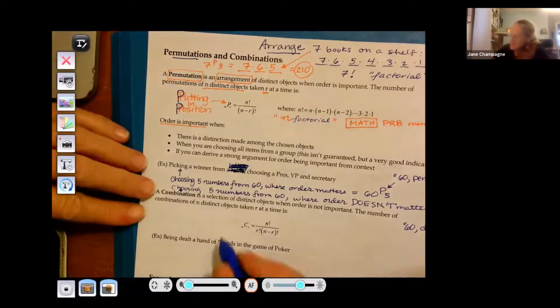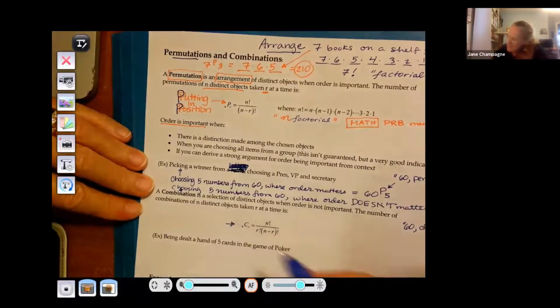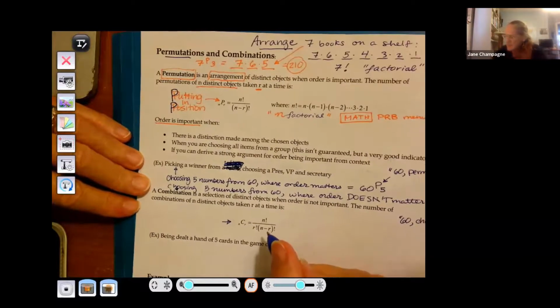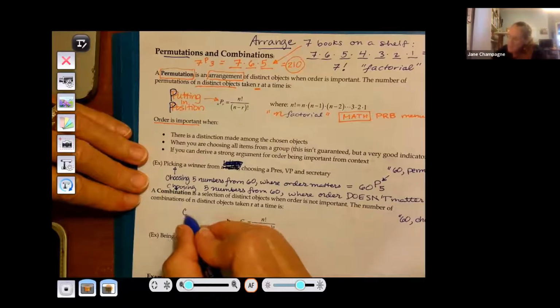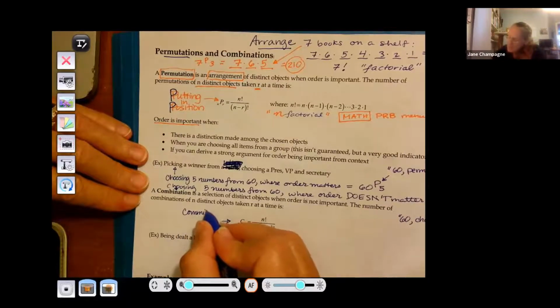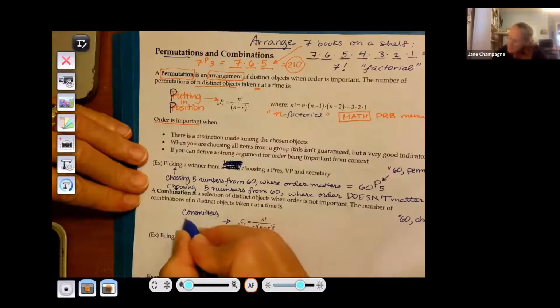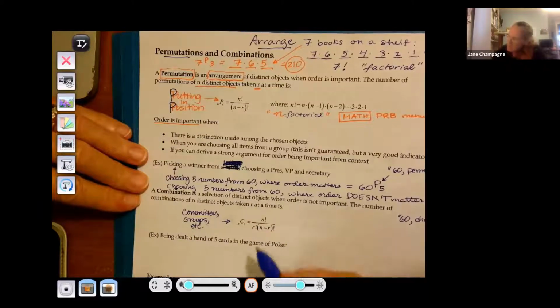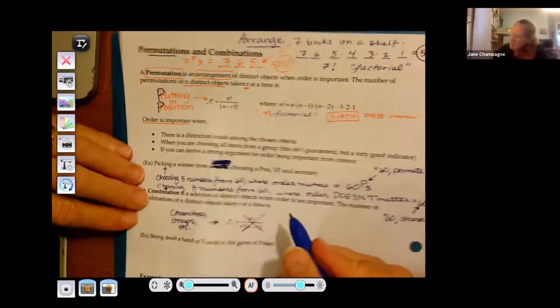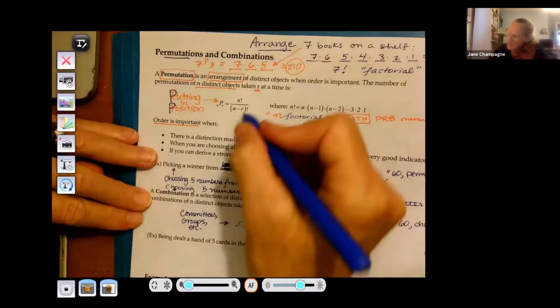And again, there's a formula, but it's in your calculator as NCR. So this one would be used for committees, groups, etc. And again, don't use the formula. Go to your math button. I'm going to cross these formulas out.